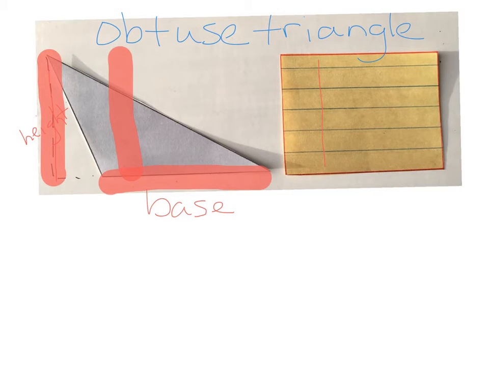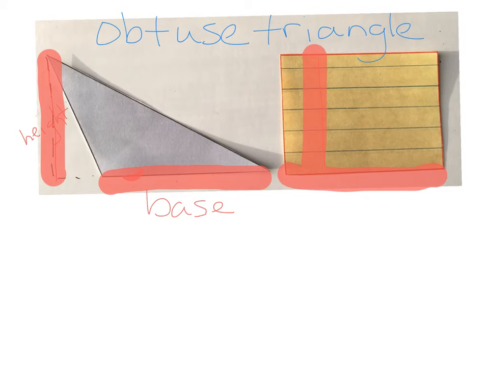It isn't necessarily supposed to fit inside the triangle, it's just the measure of the distance from the top to the base. So obtuse triangles have their height drawn on the outside, but that's still okay because that is still the same as the height that you need with your base to measure your area.